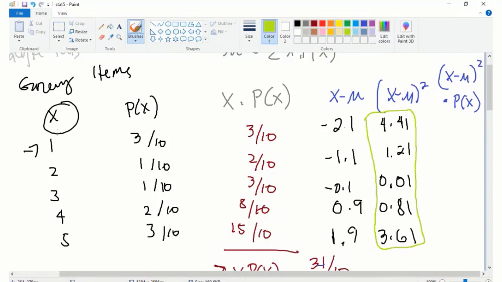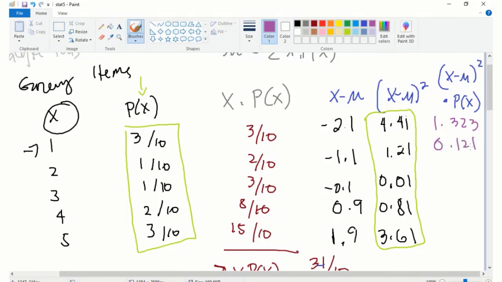Now, itong part na to, parang nakakalito na dito. I-times mo naman ito sa px. Okay, so 4.41 times 3 over 10 is equals to 1.323. And then 1.21 times 1 over 10, 0.121.